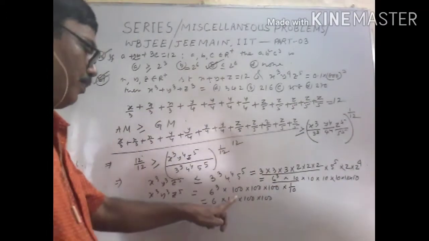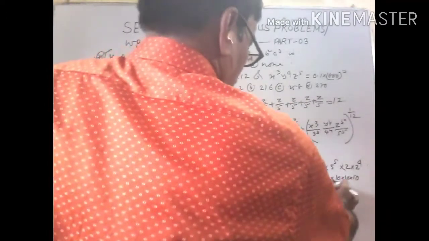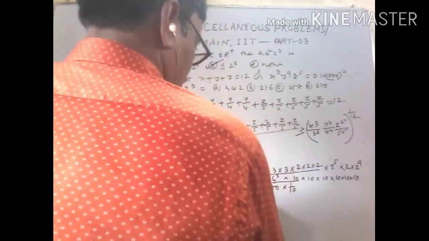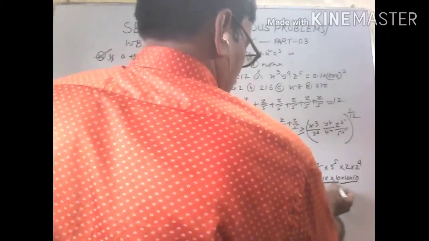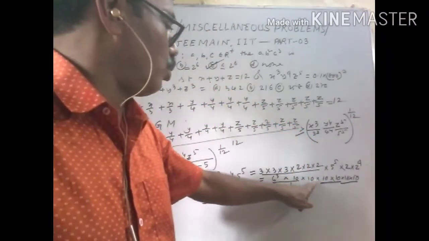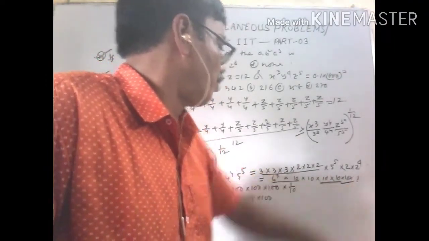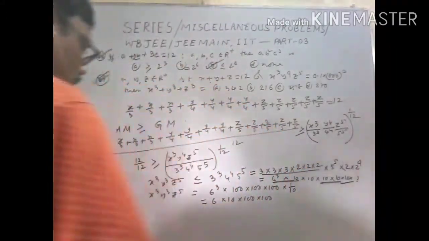Look, 6 cube into 10 as it is, 100 into 100. So 6 cube into 10, this is 100, and this one is 100. So let us verify. 1, 2, 3, 4, 5. So 6 cube into 10, this is 100 into 100.